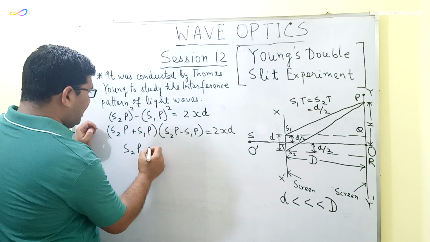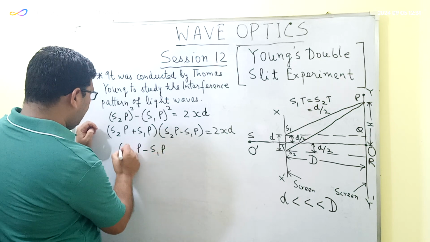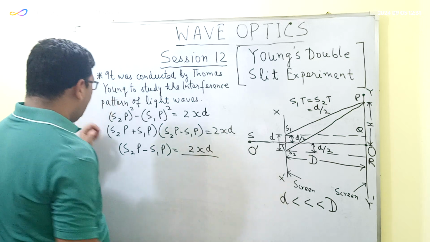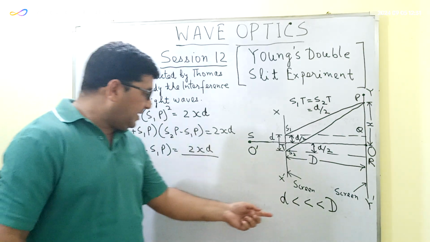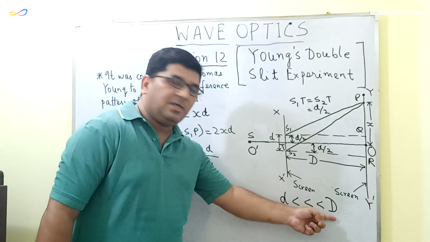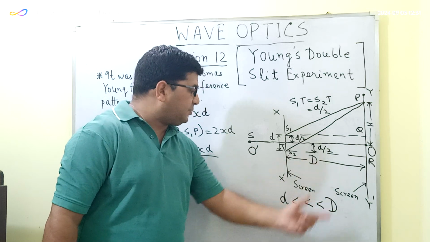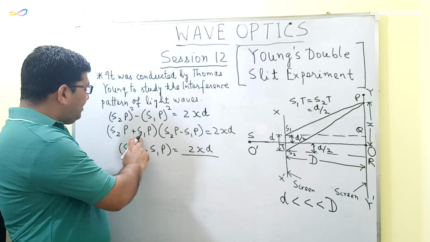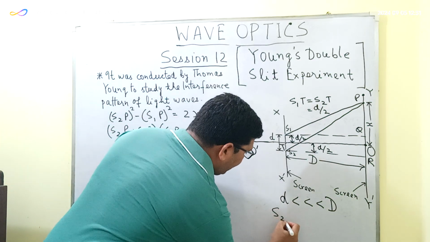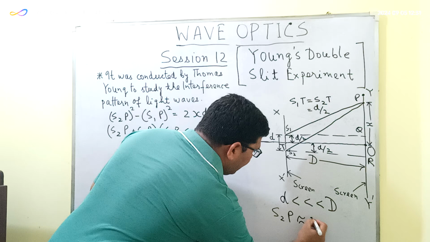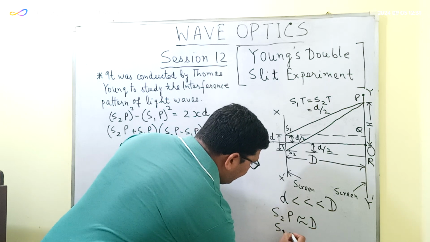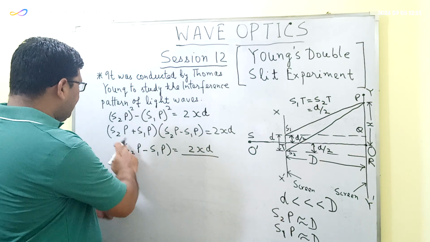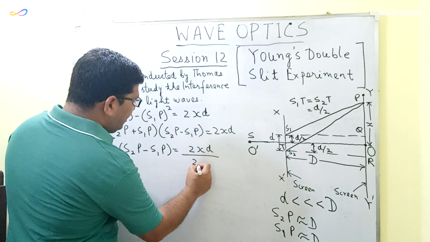So S2P minus S1P will be equal to 2xd divided by (S2P plus S1P). Now since small d is very small in comparison to the distance between the two screens, S2P can be taken as approximately equal to capital D, and similarly S1P can also be taken as approximately equal to capital D. So S2P plus S1P can be written as 2D.